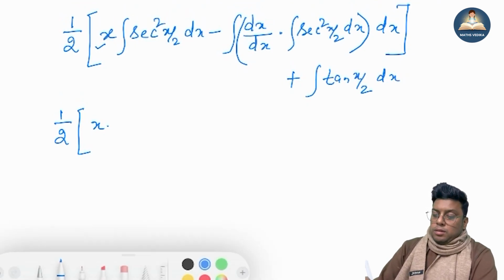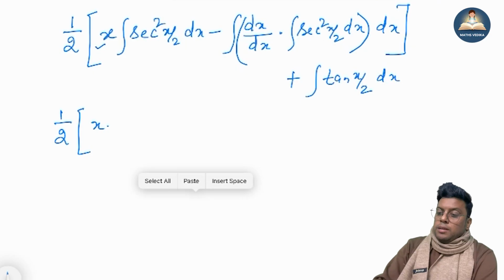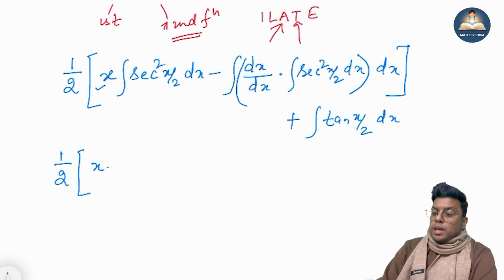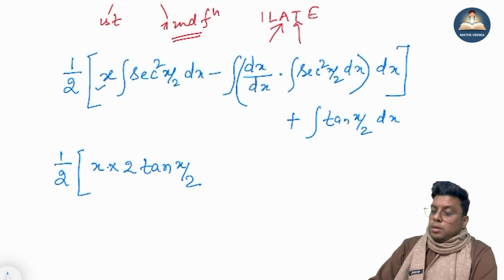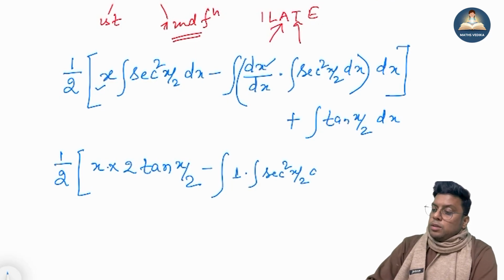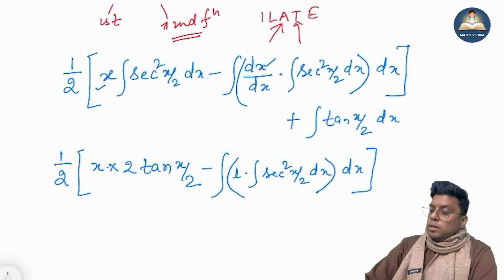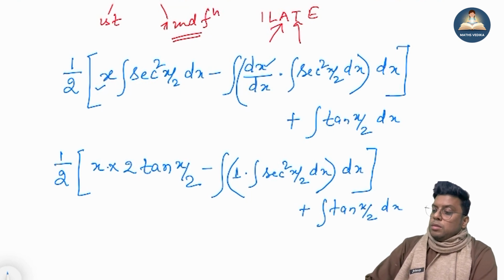So by this way we find that the integration of sec² (x/2) is 2 tan (x/2), minus the integration of, now x is differentiated with respect to x, this will be 1, so 1 into the integration of sec² (x/2) dx, whole integration, plus the integration of tan (x/2) dx.